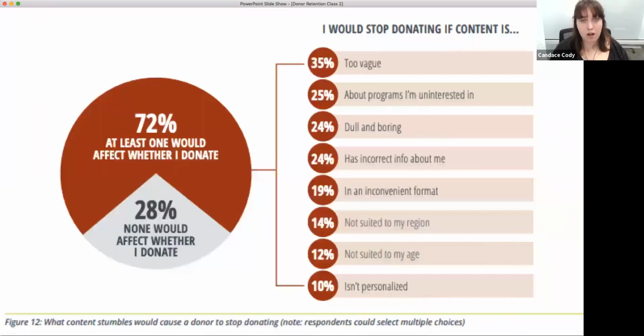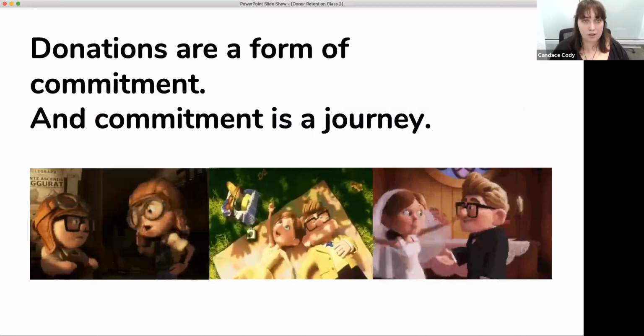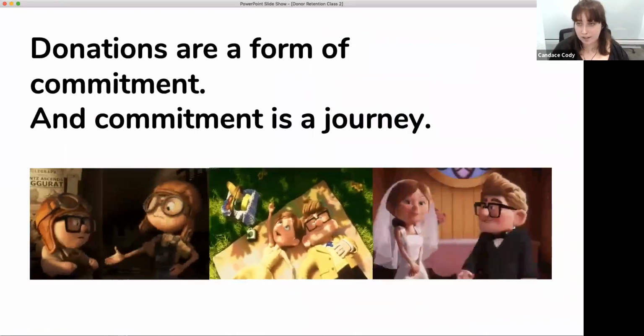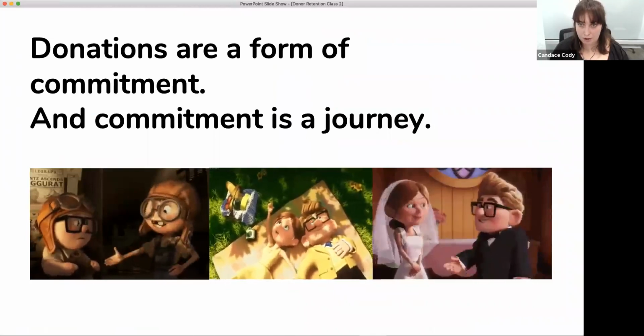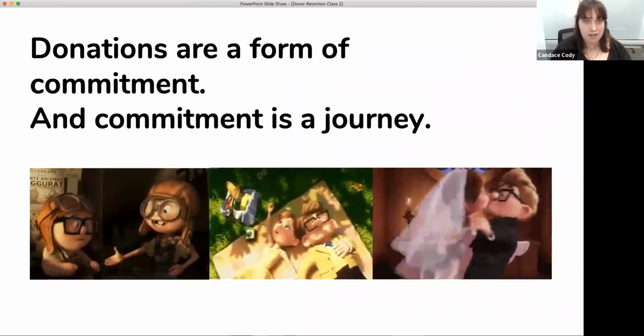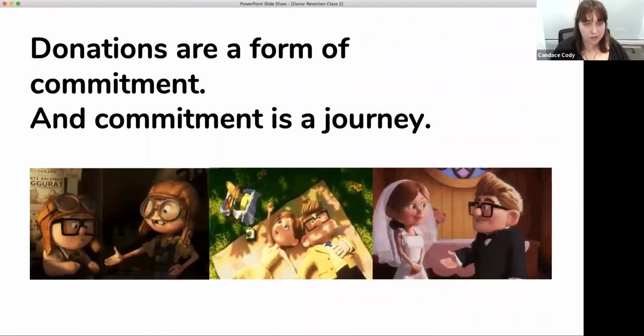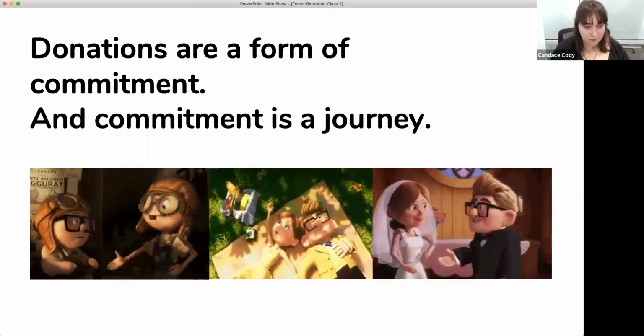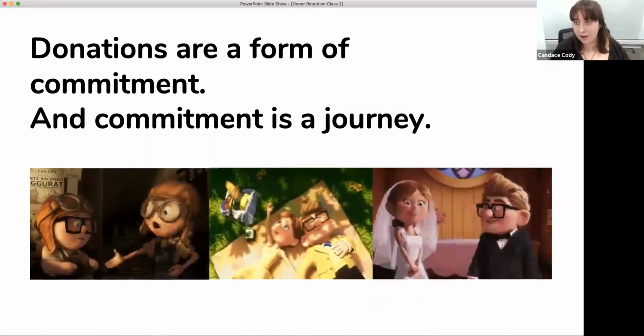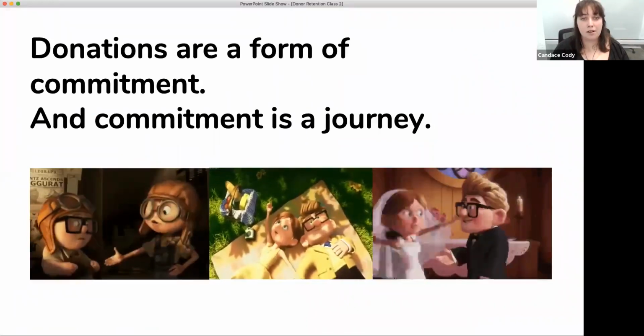And so a lot of this has to do with the donor's need to feel seen and understood. And donors are expecting a journey with you and not a journey at them, if that makes sense. So relationships, as with anything else, whether it's coworkers or friends, family, it's all a two-way street.